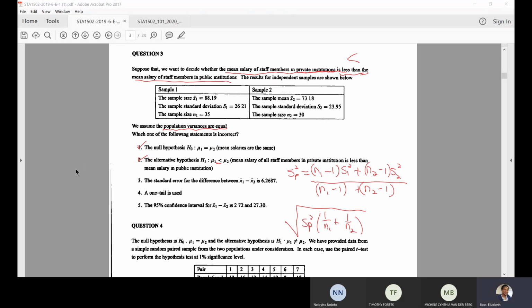So since you didn't do that, then we're going to sit here and work them out. N1 is 35. Option 3 is correct. Okay.